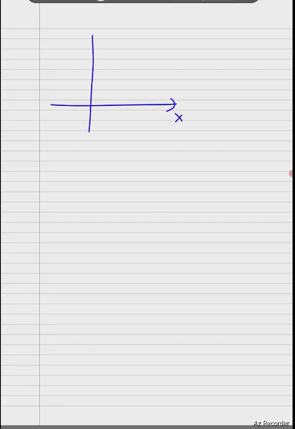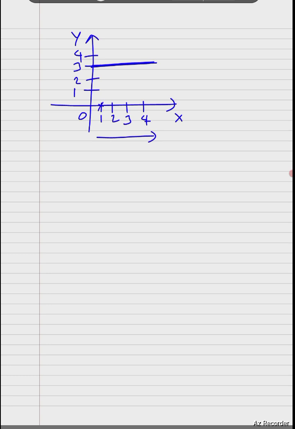Okay, suppose here I have a graph, x and y. On the y axis I am taking the scale as 1, 2, 3, 4. Here I am taking 1, 2, 3, 4. Okay, now the graph is something like this, and the x value keeps on changing.